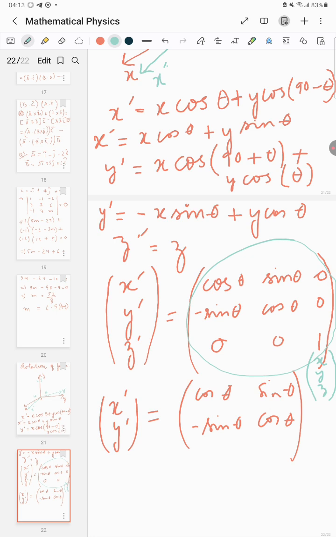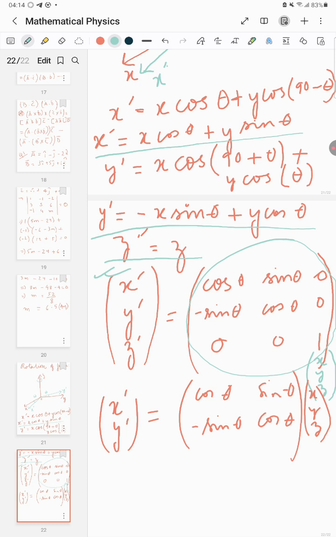So this x, y, z matrix again appears on the second line of the equation. So how can this equation be represented in the matrix form? That is what we did here.